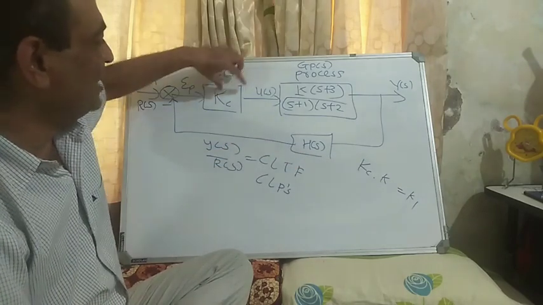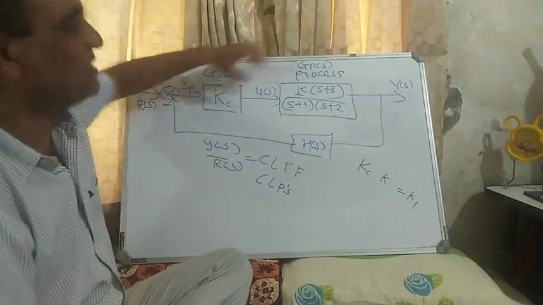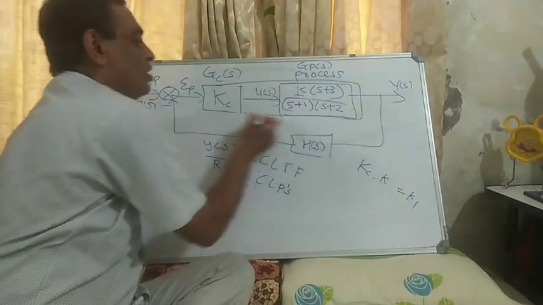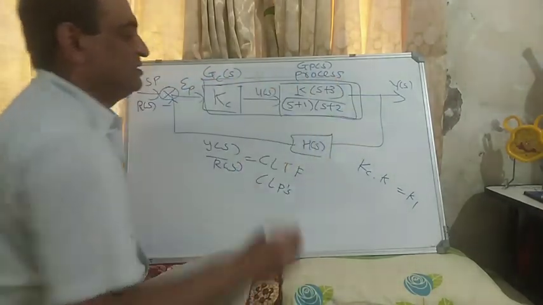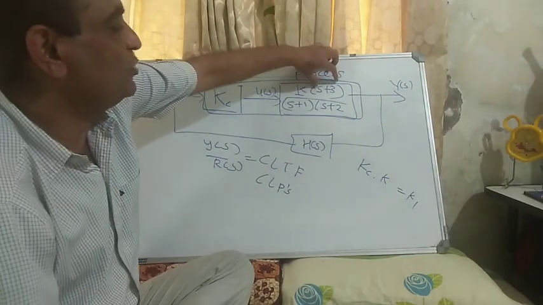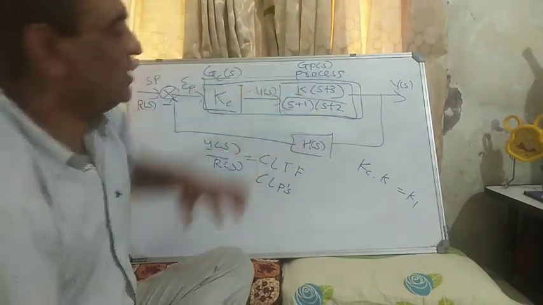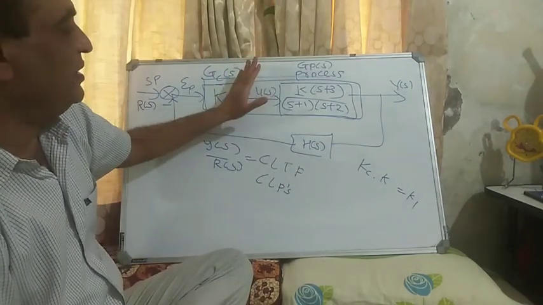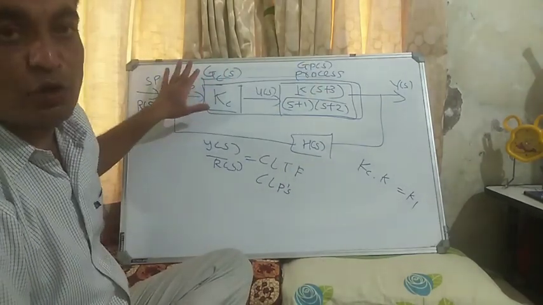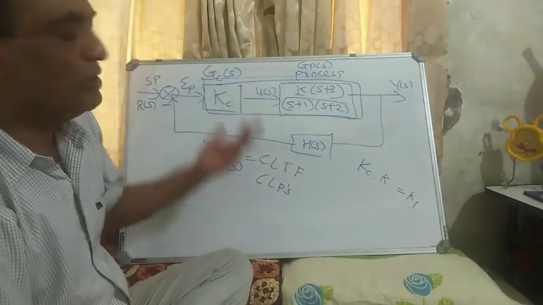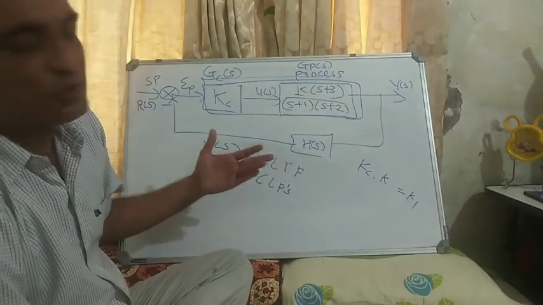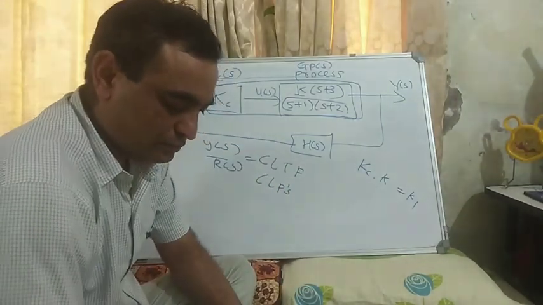So I need to find that value of Kc into K, which multiplies (s+3) upon (s+1)(s+2). That gain K, I need to find it, which will satisfy my control requirements. This you can do via sketching the root locus. This is known as the design of a controller via root locus.